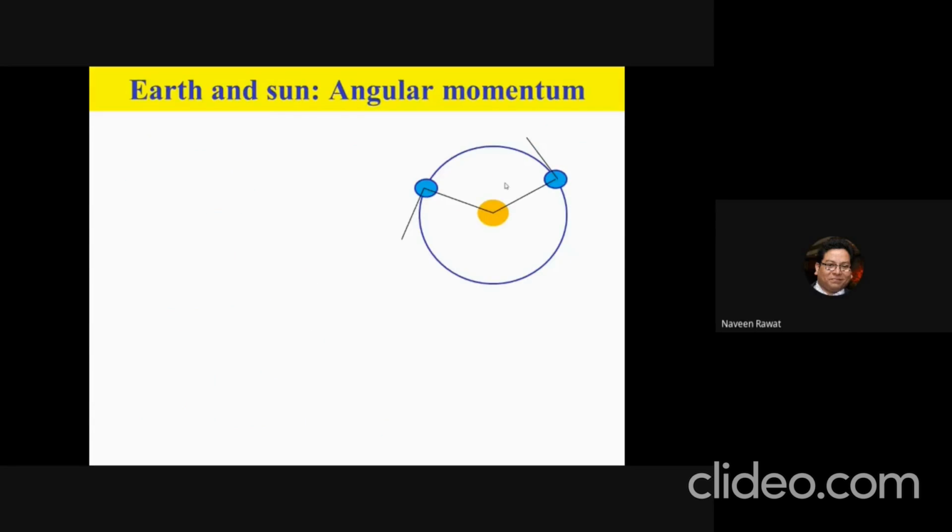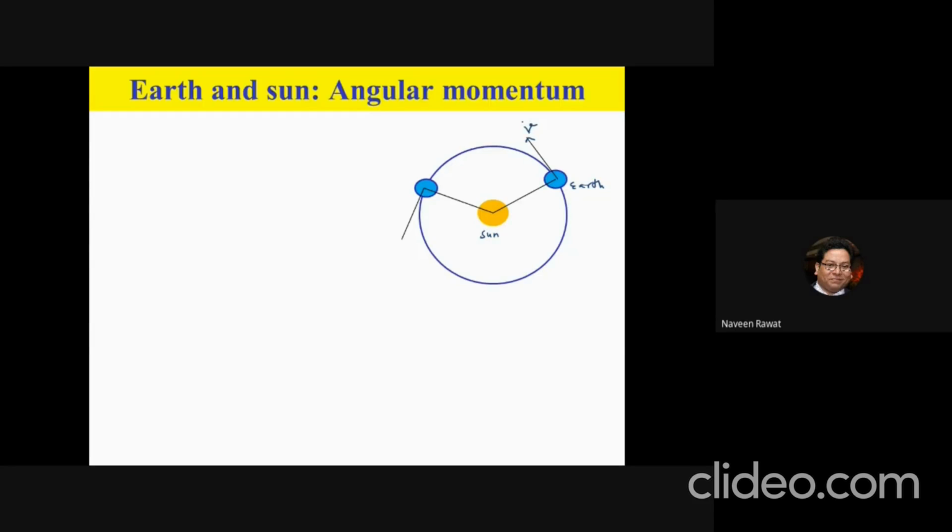Let's take an example of the Earth and the Sun system. Here you have the Sun, and here you have the Earth that is going around the Sun. At any instant in the rotation, it has a certain velocity.